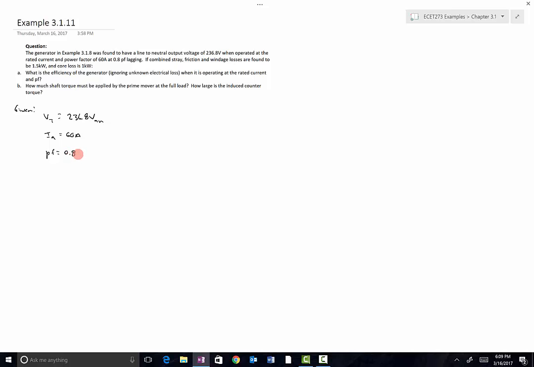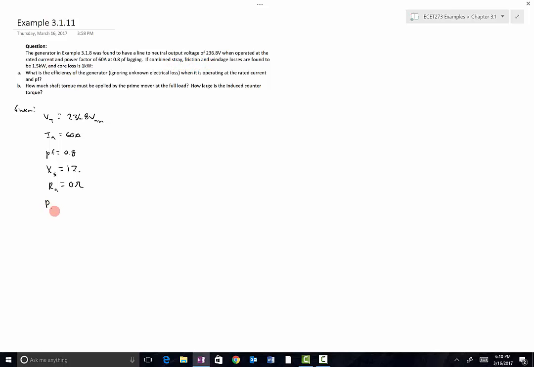We know, wasn't stated here, but in the previous problem, the synchronous reactance was given as 1 ohm. And this is an ideal generator coil, meaning it has no resistance, 0 ohms, or a negligible armature resistance. We were then told something about the stray, friction, and windage losses.